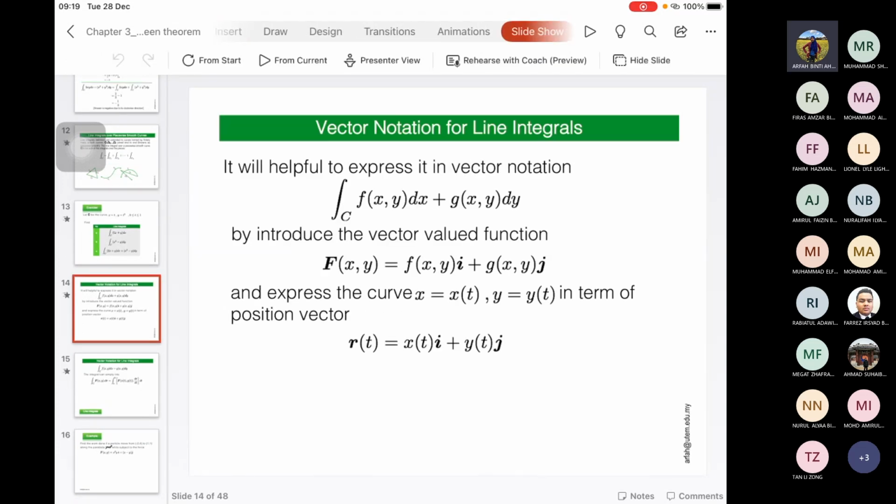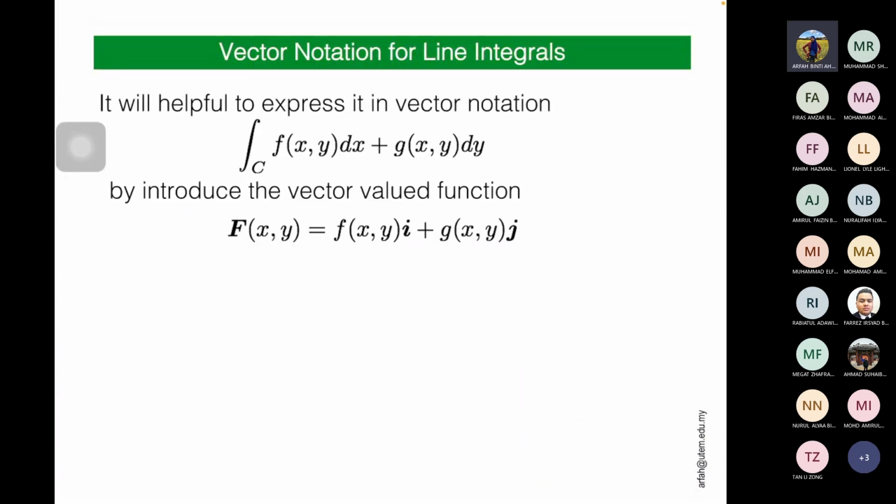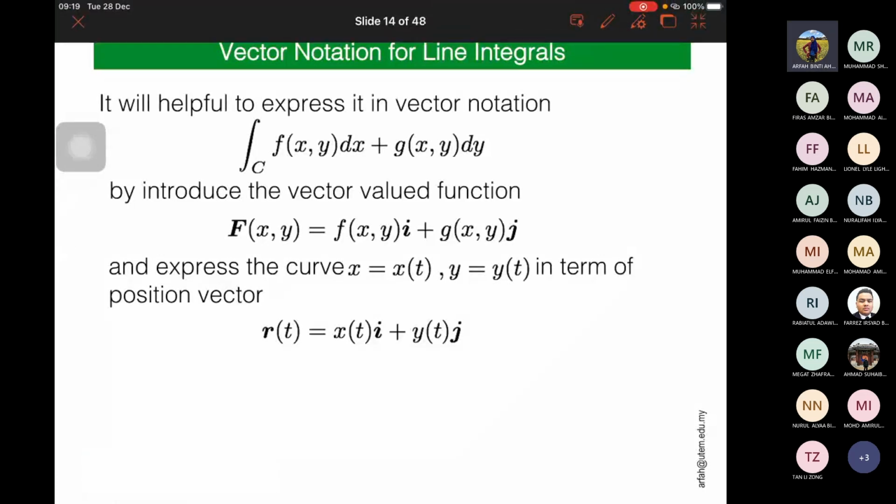So the integration over the curve C of F dr equals the integration of F(x(t), y(t)) times r prime t. So there are many things you have to substitute into the equation, get dr, then get the vector F.